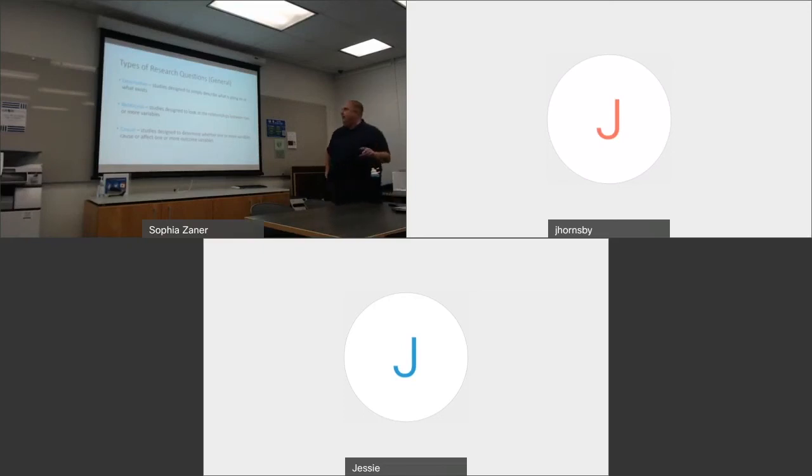You may have descriptive questions. You want to know what exists. So part of your study may be, what are the scores of students in the past, whatever time period you identify? We're not necessarily at this point comparing them to anybody. We want to know what the scores were.